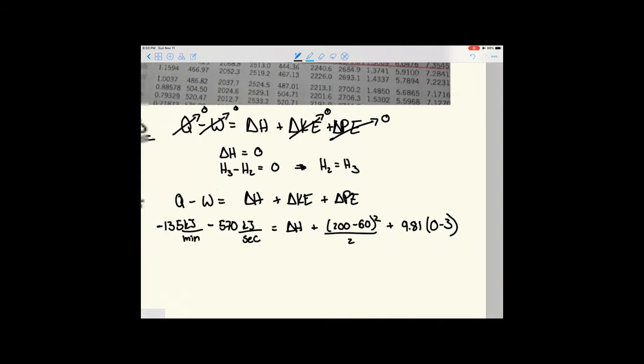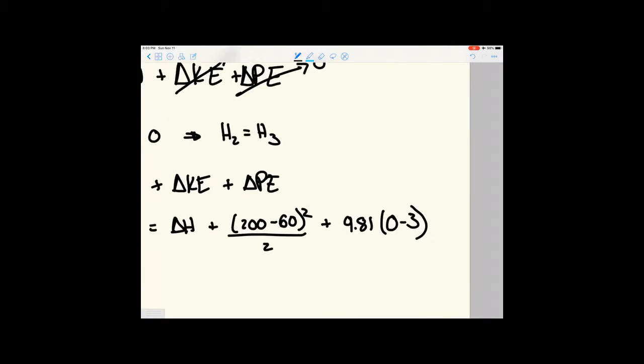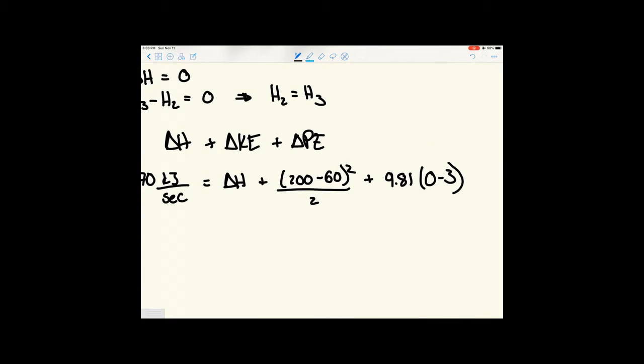We're then going to solve for these two parts of the equation, the kinetic and the potential energy.